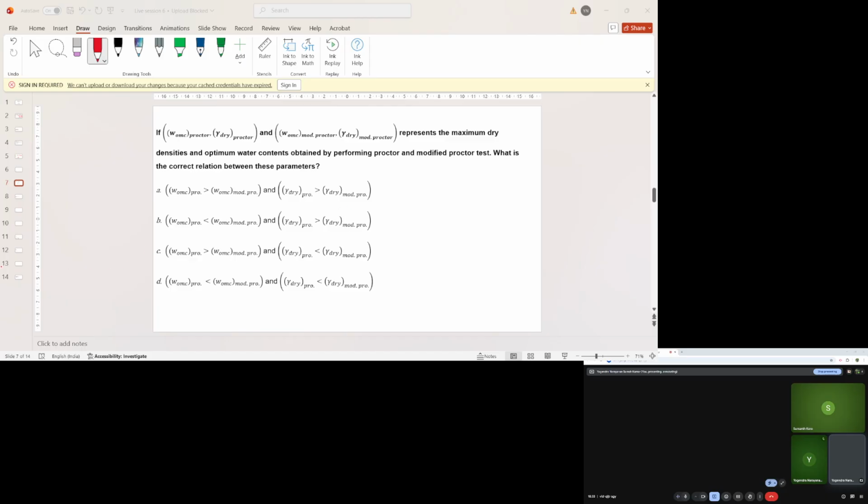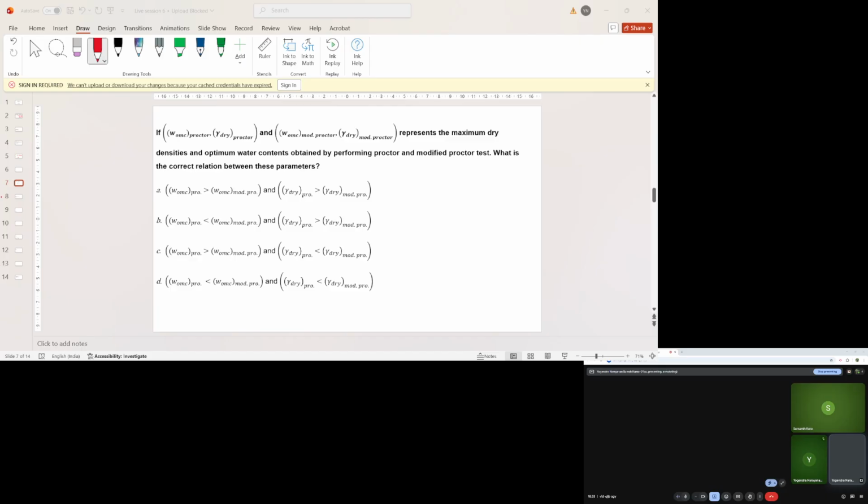So coming to the optimum moisture content, which is more? The optimum moisture content of standard Proctor compaction is going to be higher, right?